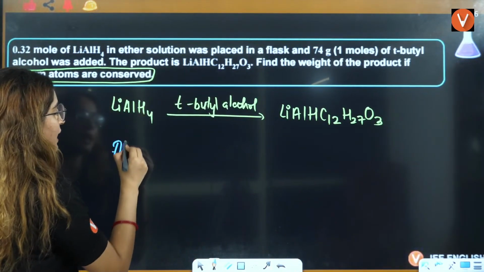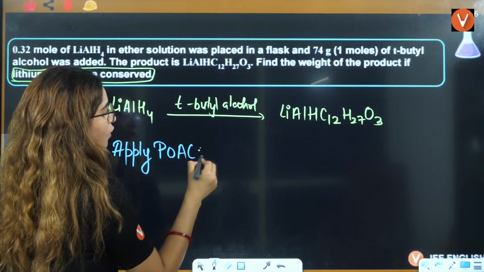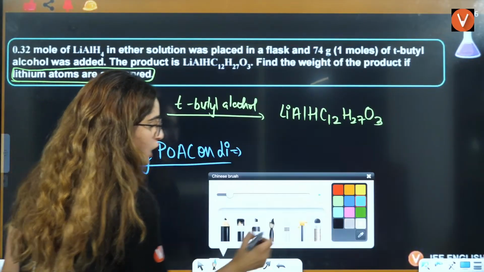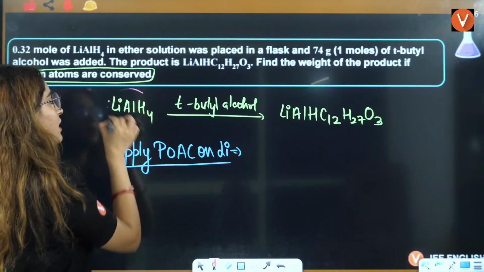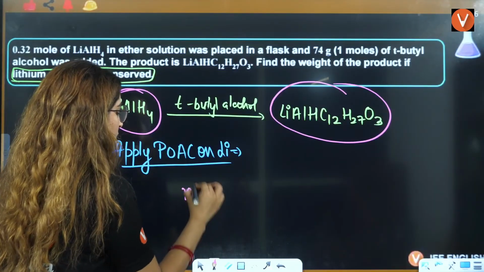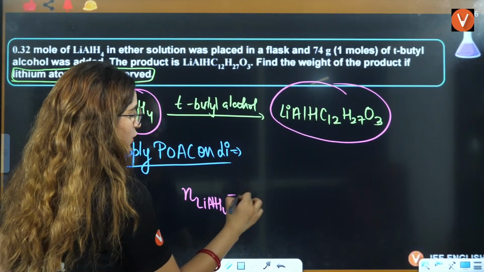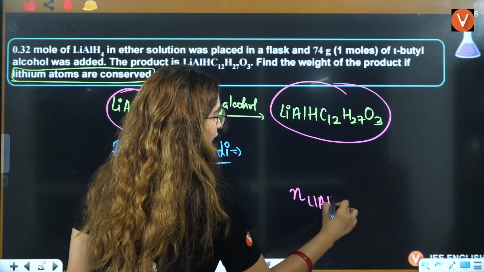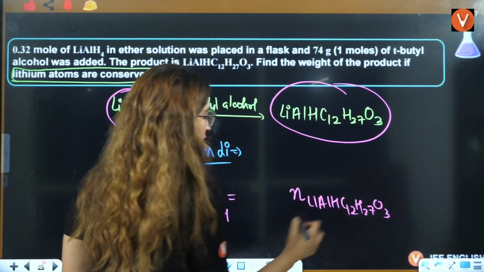So let's apply POAC on lithium. POAC on lithium, everybody. If you apply POAC on lithium, this is lithium and this is lithium. So you will say number of moles of LiAlH4 is equal to number of moles of LiAlH C12H27O3.